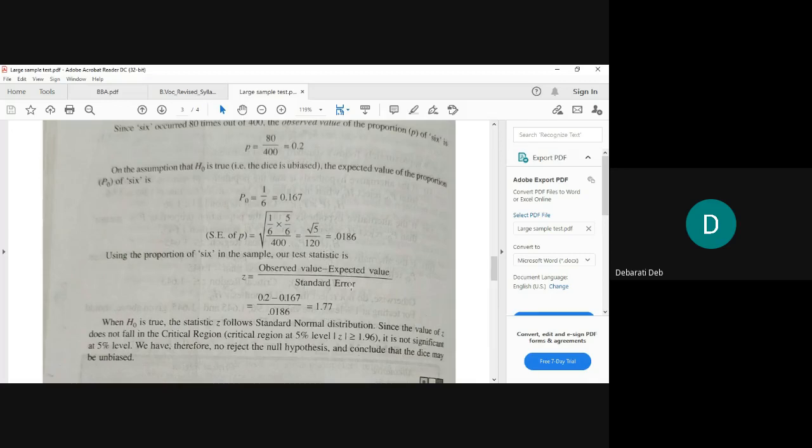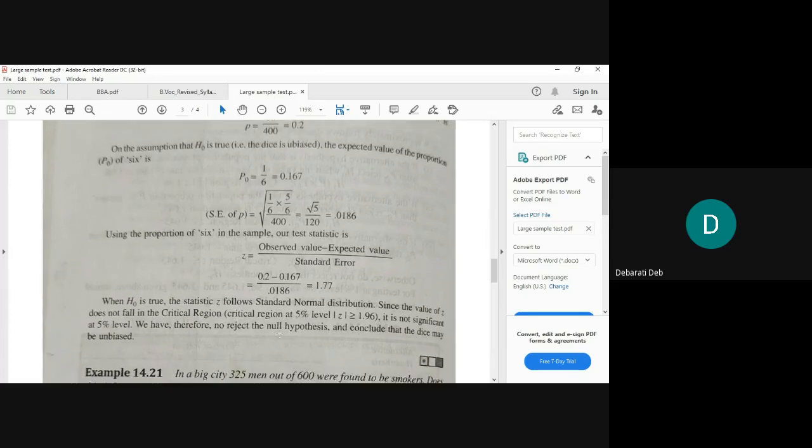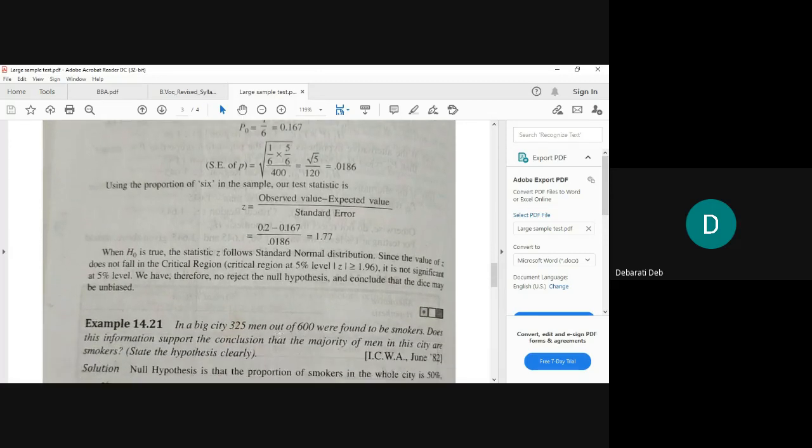Now substitute the values. Observed value is this small p, that is 0.2, and the expected value will be the p naught, that is 0.167. Divide it by the standard error which you have calculated right now, that is 0.0186, and see whether you're getting the answer as 1.77.